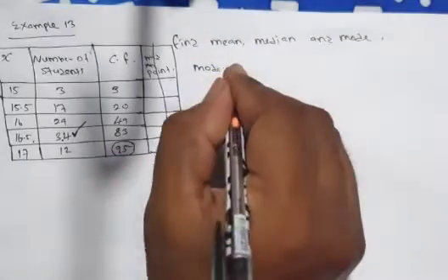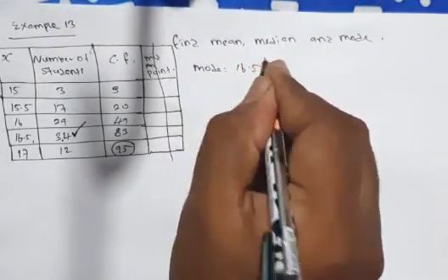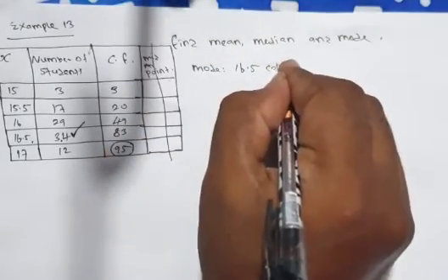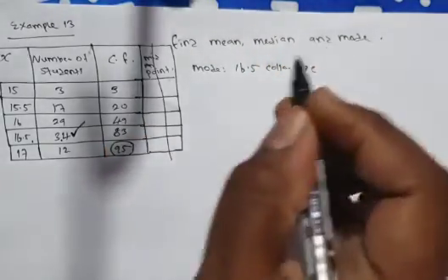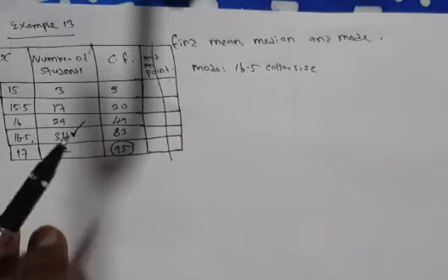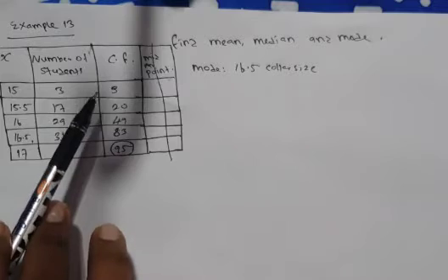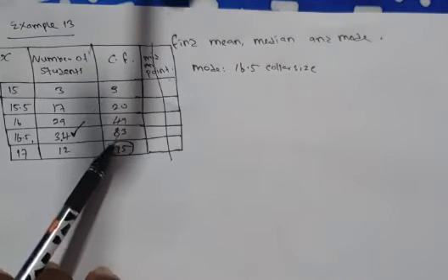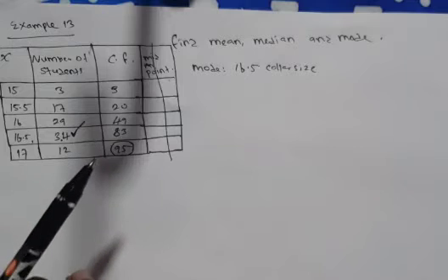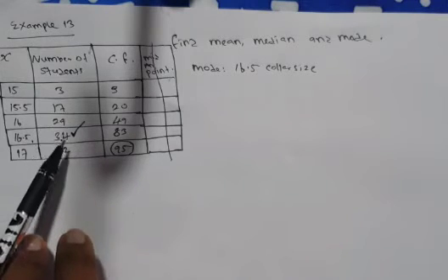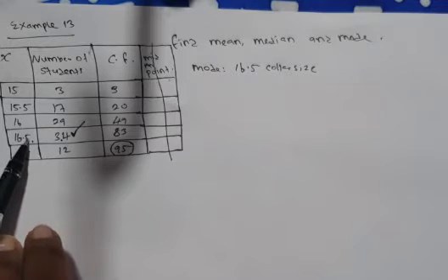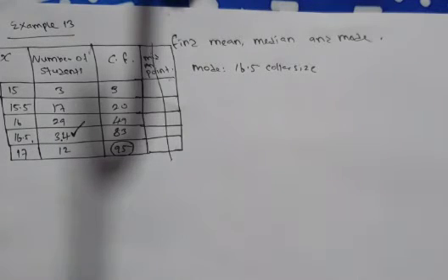So our mode is 16.5 collar size. So remember this point. Some students tend to look for the highest frequency in the cumulative frequency column. Don't do that. We have to look at the frequency which is the highest, and the X value that is next to it is the mode.